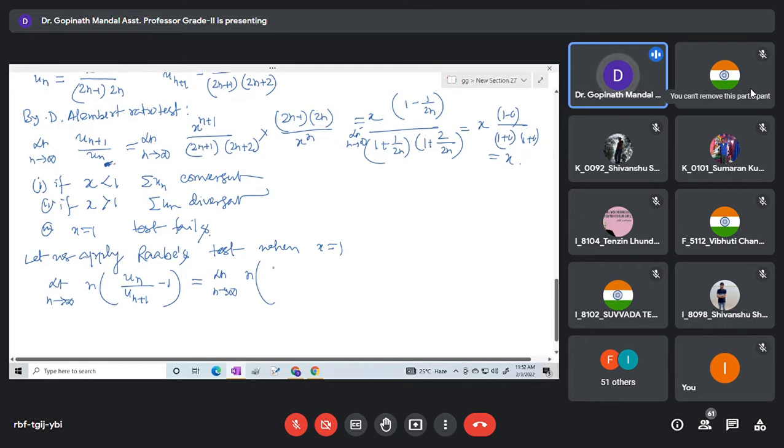So this is the reverse. That means this will be 2n plus 1, 2n plus 2 by 2n into 2n minus 1 into 1 by x, but x equal to 1, so into 1 by 1, minus 1.